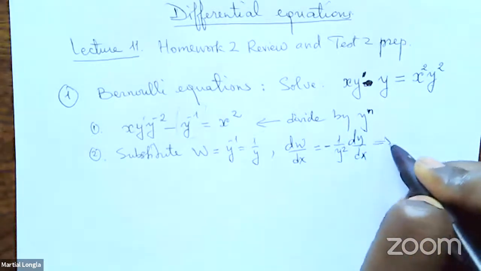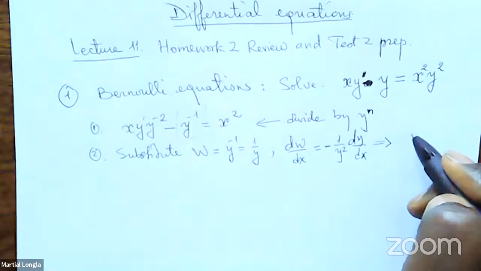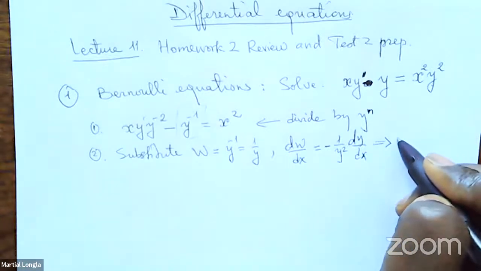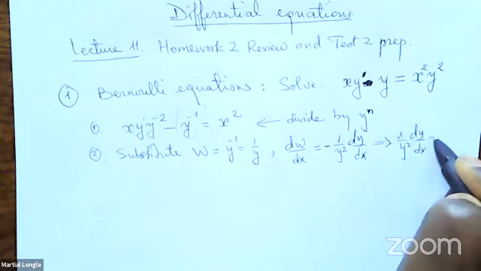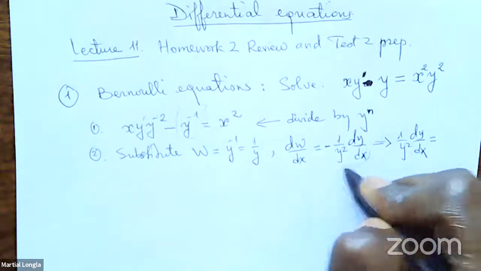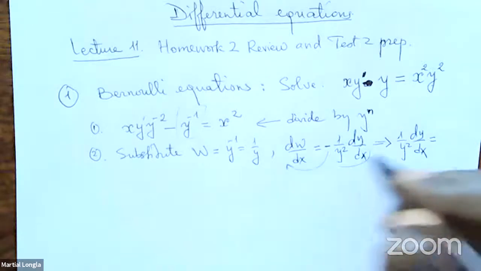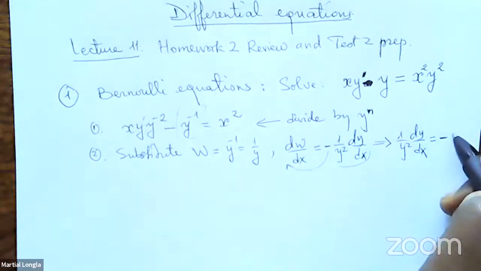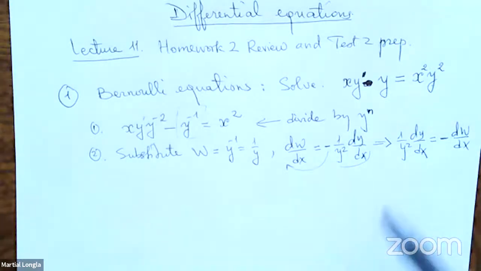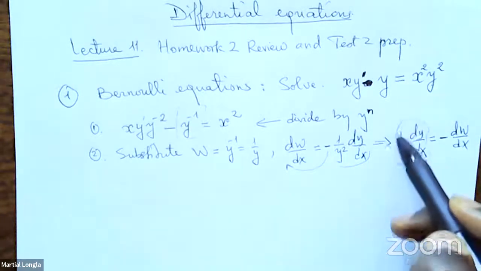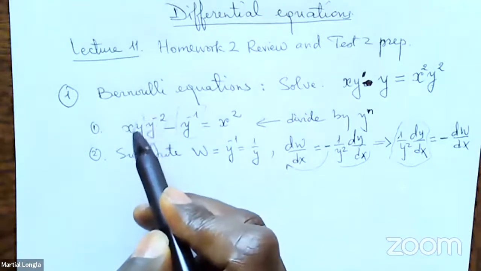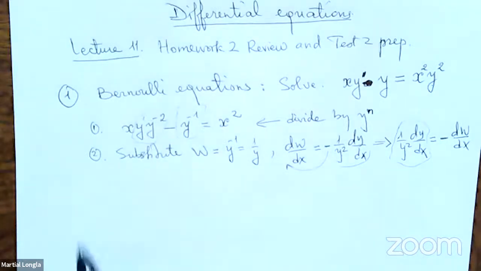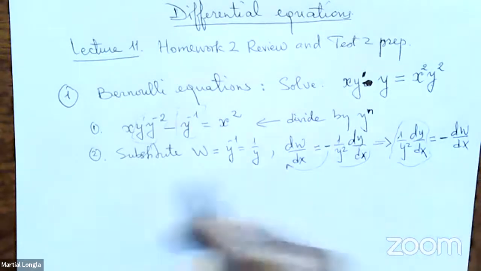And you are going to solve this for 1 over y squared dy over dx, and in this case, you just send the minus 1 to the other side. It becomes minus dw over dx. And this is what you have right there in that equation. So you replace that quantity by negative dw over dx.